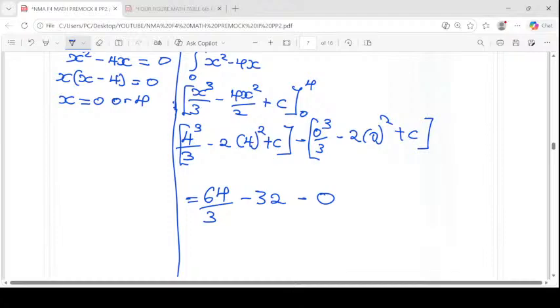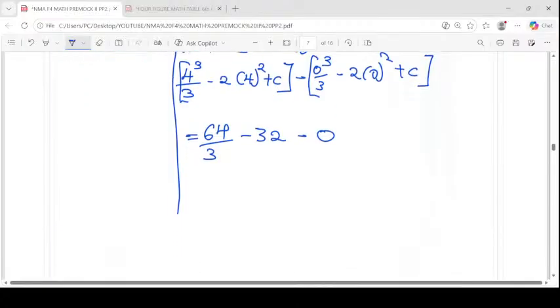So this will become 64 over 3 minus 32. You get negative. So you can see our area here is negative 10 2 over 3 square units.